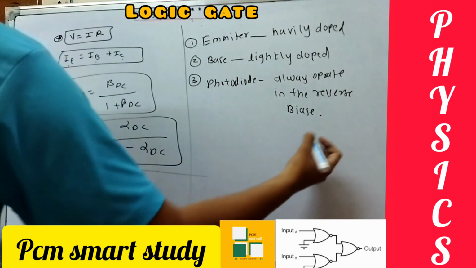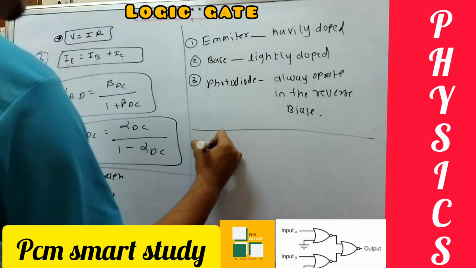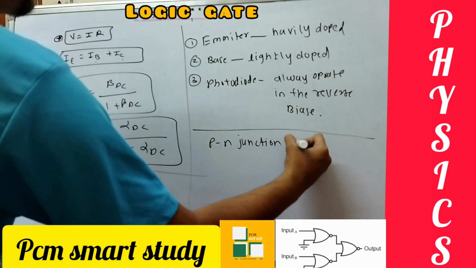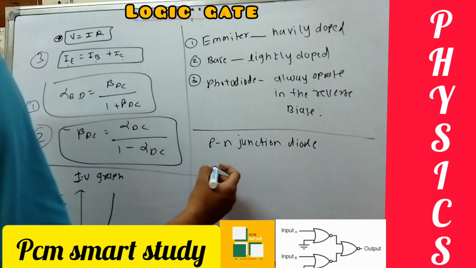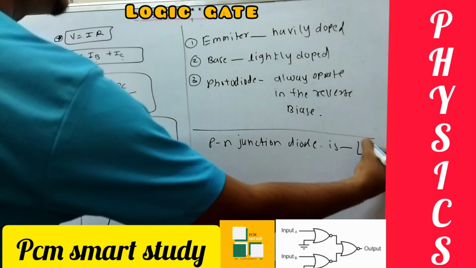Next is PN junction diode. This is a mixing of P-type and N-type forming a junction, the PN junction diode. This is LED and this is forward bias.